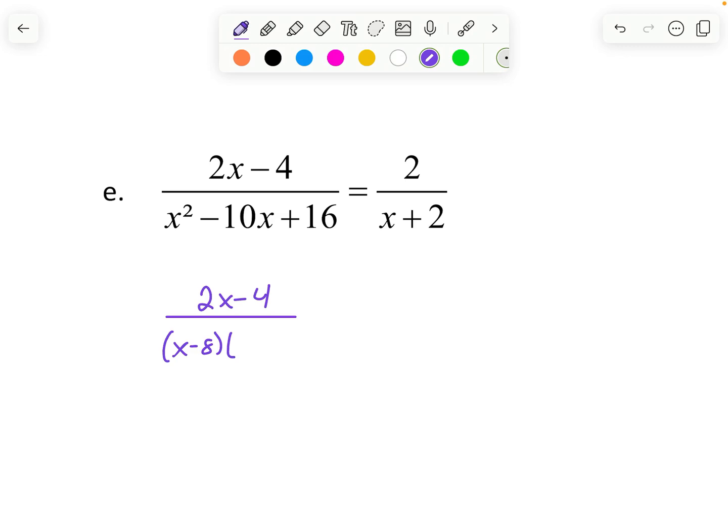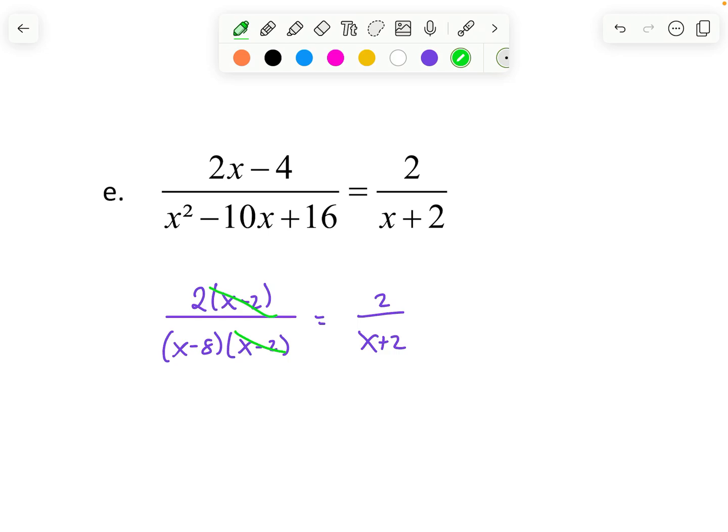So this is x minus 8, x minus 2 equals 2 over x plus 2. And now I see that I don't have any common factors to begin with, so I am going to factor the numerator into 2 times x minus 2. And that allows me to cancel this x minus 2 to begin with.